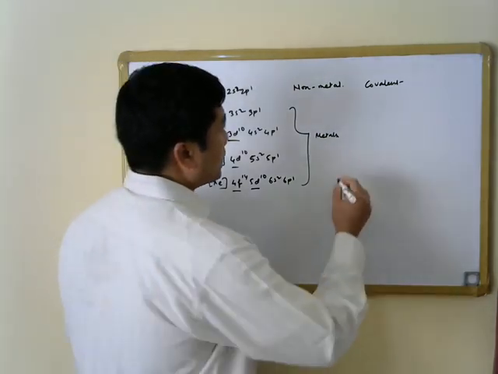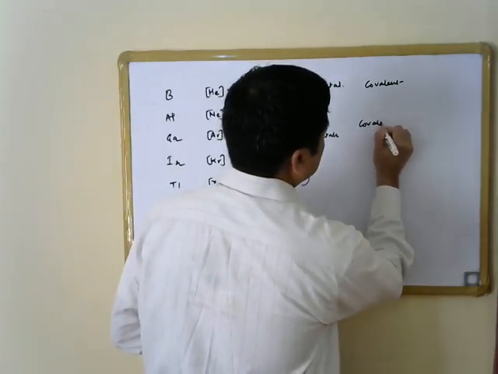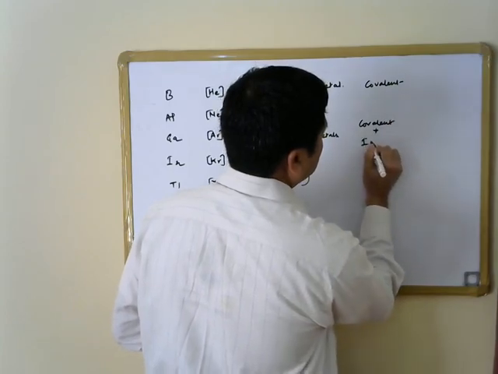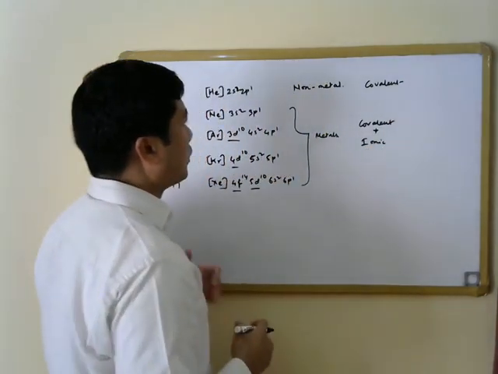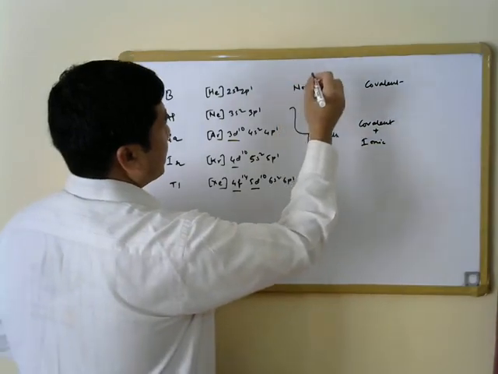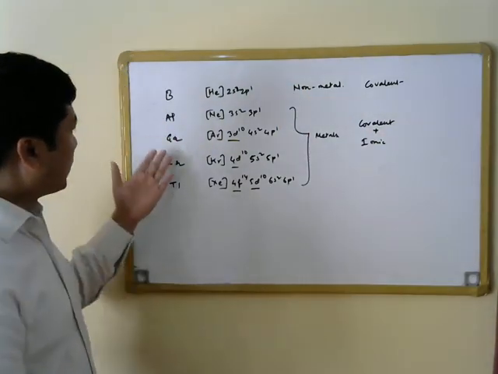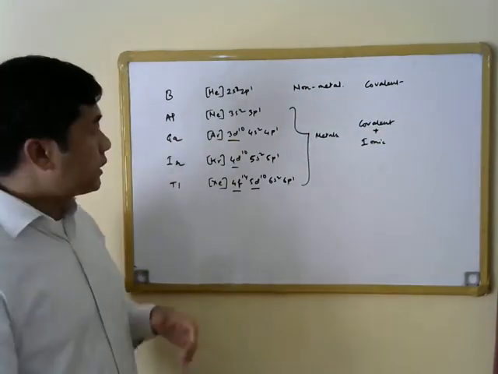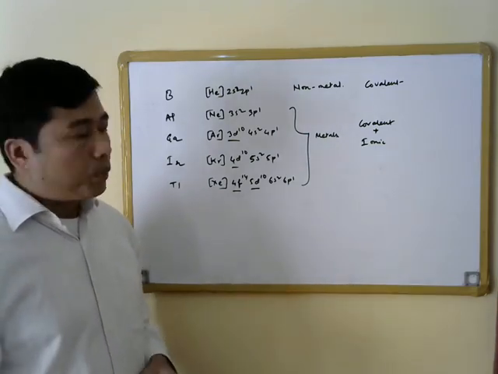So both covalent and ionic bonds are formed by the heavier group 13 elements except for boron.